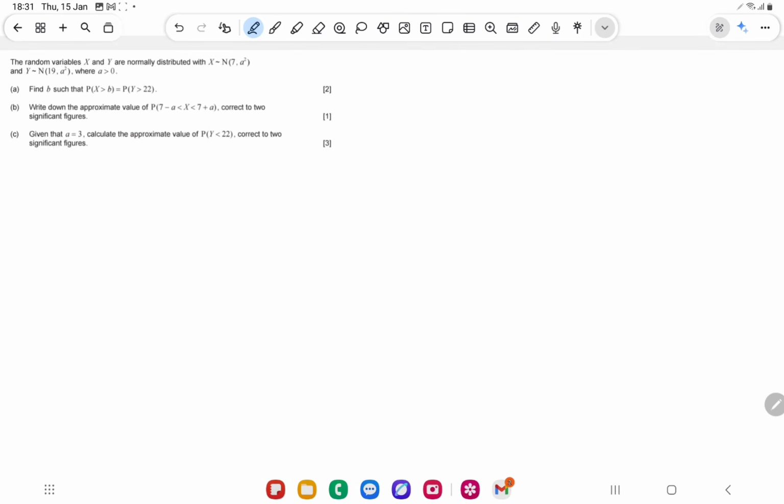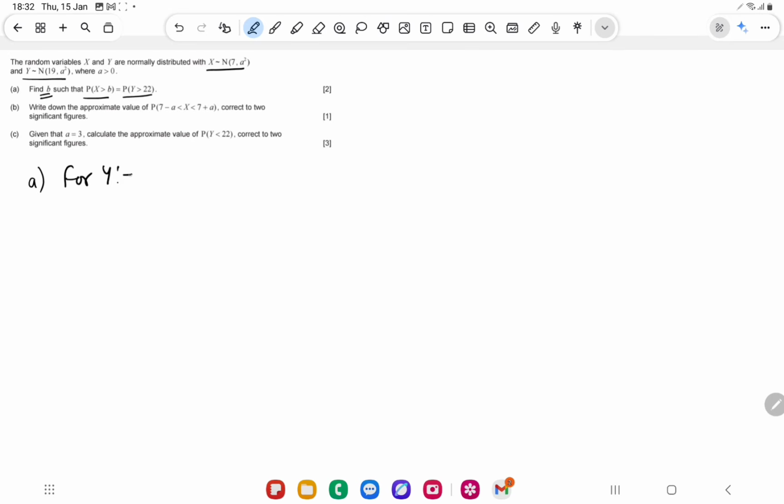In this question we have two random variables x and y which are normally distributed as this. Now we have to find b such that probability of x greater than b is equals to probability of y greater than 22. So let's start with the solution. So we have to standardize both the probabilities.